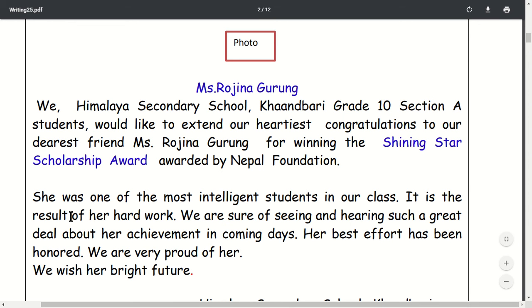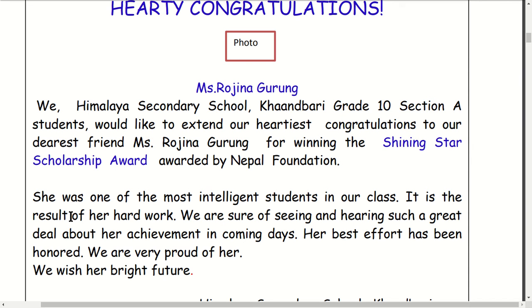Okay, the second paragraph adds some extra information about Rosina Gurung here, about the person who received the scholarship, etc. She was one of the most intelligent students in our class. It is the result of her hard work. We also hope for something good for her future, a bright future.